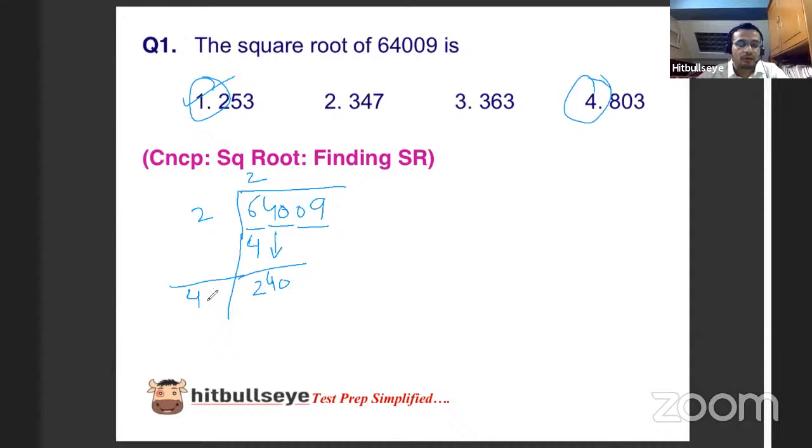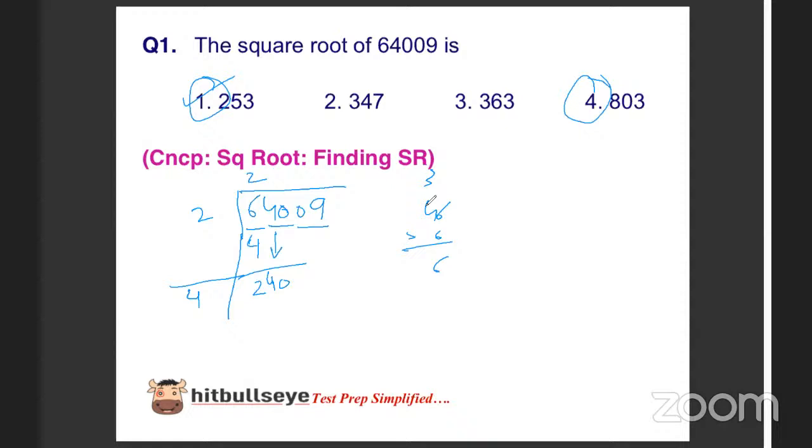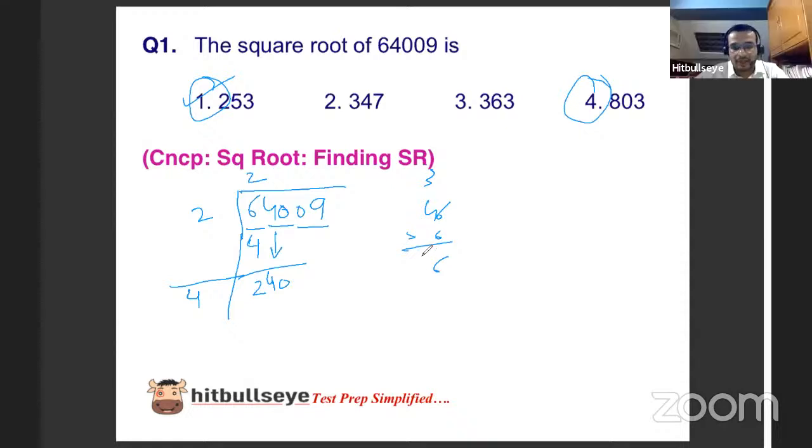So can I go for 6? Let me write it down here. 36, 24, 20. No, it'll be higher. Can I go for 45? 45 into 5 is 225. Yes, I can go for 5. So let's do that. 5, 5, 225. What I'm left with is 15. I'll bring the next pair down, 1509.